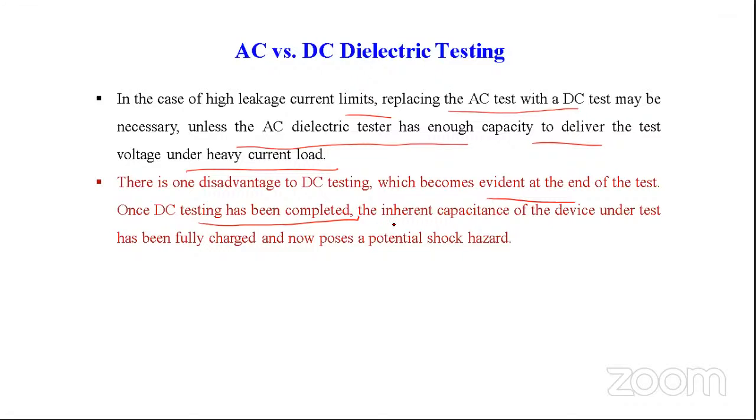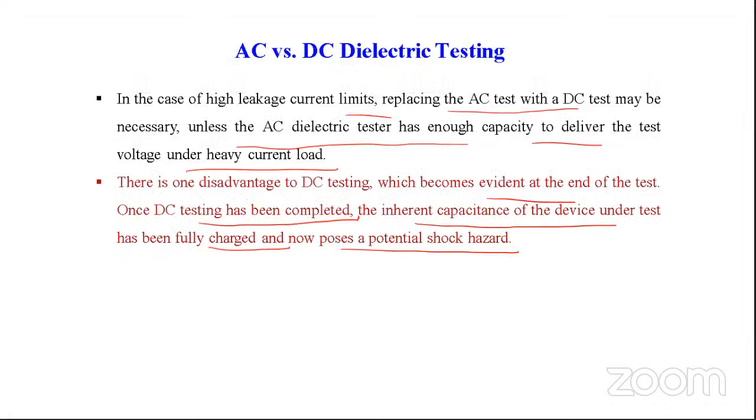So after testing, you have to forcefully discharge the capacitance, because the inherent capacitance of the device under test has been fully charged and now poses a potential shock hazard. So manually or by providing any automatic means, after testing, you have to discharge this test capacitance.